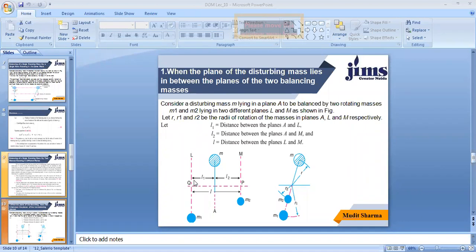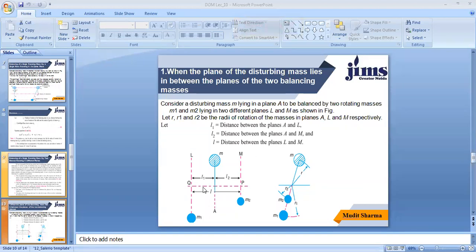Now let us consider this figure. In this figure, this is a disturbing mass. These are the balancing masses M1, M2. Our disturbing mass lies between two balancing masses.